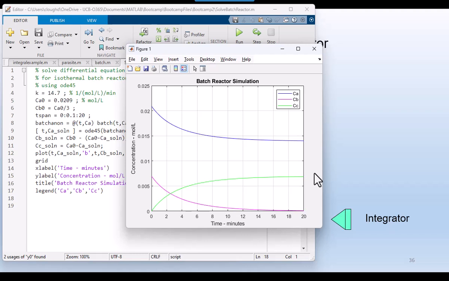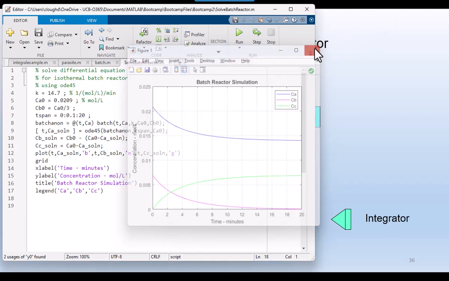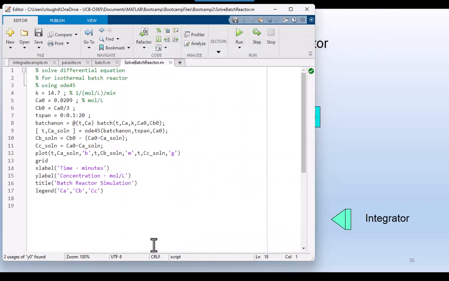And you'll notice that we have three variables of interest here, CA, CB, and CC. We only have one differential equation, that for CA, and we get the CB and CC values over here by using stoichiometry to convert the results.